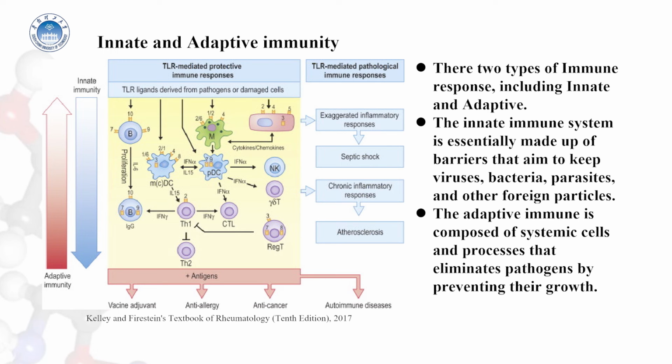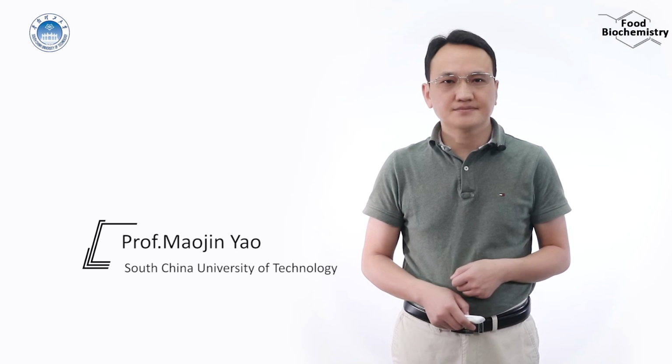The adaptive immune system, also referred to as the acquired immune system, is a subsystem of the immune system that is composed of specialized systemic cells and processes that eliminate pathogens by preventing their growth. We will discuss them in great detail in the next slides.